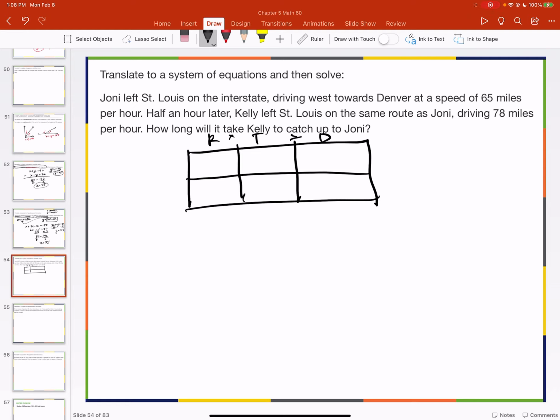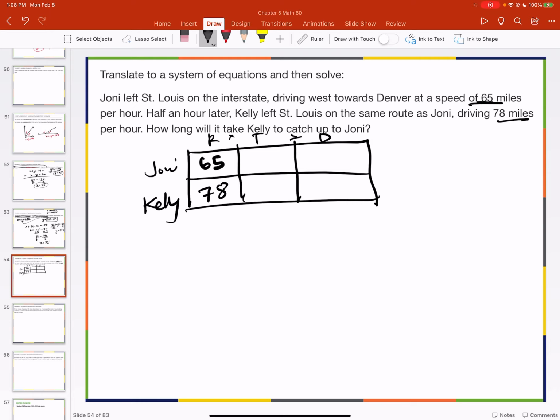So then we have Joni, and then we have Kelly. Joni is driving 65 miles per hour, and Kelly is driving 78 miles per hour. Let me make that a little bit neater. So this is 65.